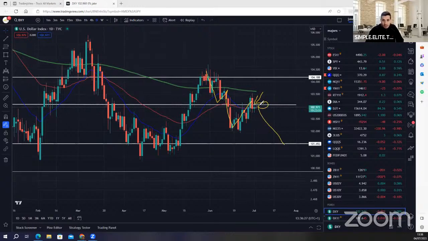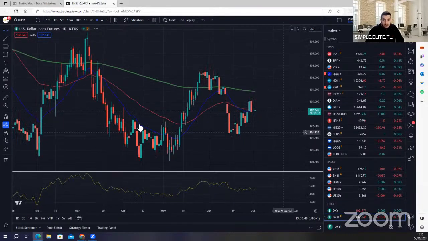But watch out for this level here because it's very important. If price stays below, still on the short side. But if the price comes back to 103.20, I might change my plan. Until then, I'll be on the short side.